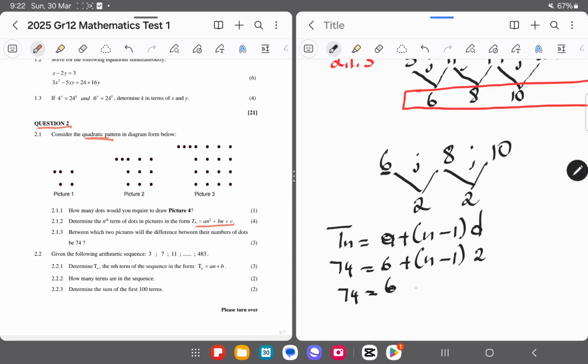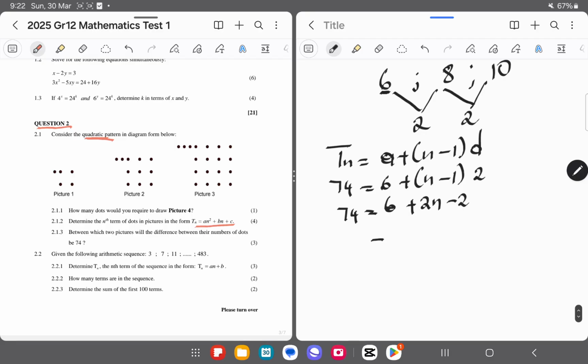And then this is 6 plus 2n minus 2. And then 6 minus 2 gives you 4. If you take 4 to the other side, it's going to give you 70. And then you are left with 2n, and then n is going to be 35.